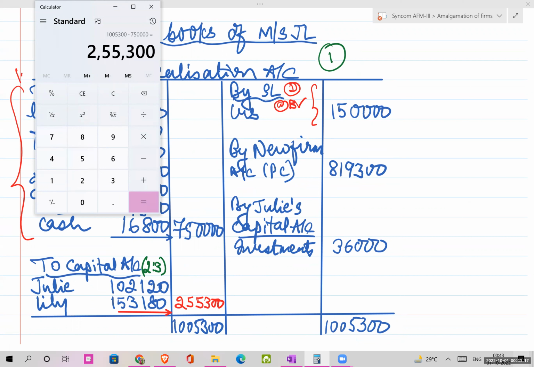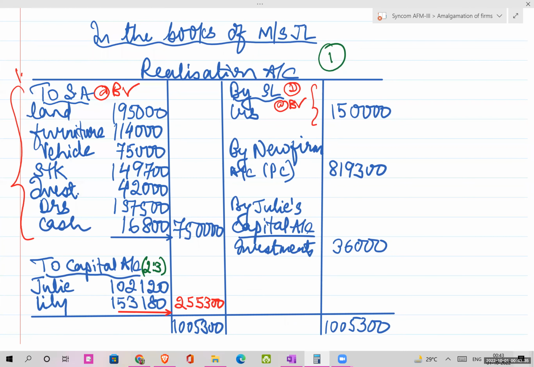How much is left? 2,55,300 is my balance, which will be divided in the old PSR 2:3. So divide by 5: 1,02,120 and 1,53,180. So this balancing figure that I got will be divided among partners in their PSR. I hope till here this part is clear to everyone.